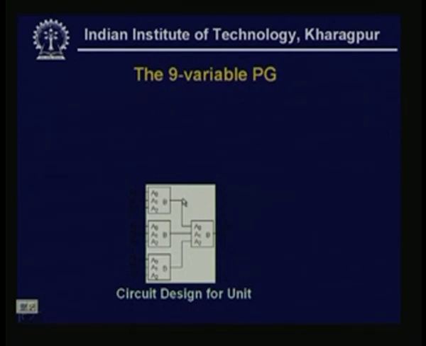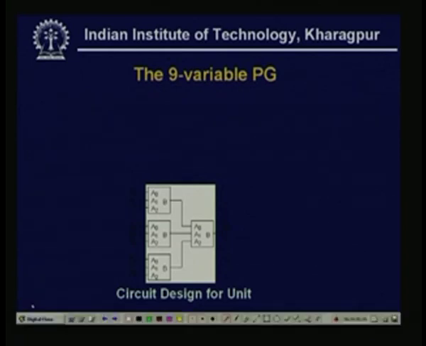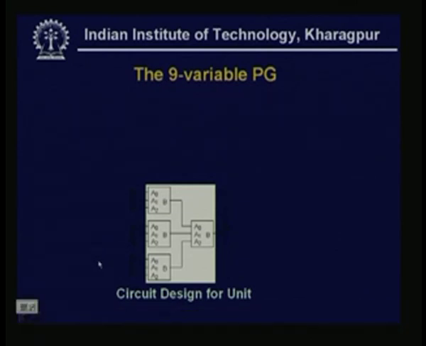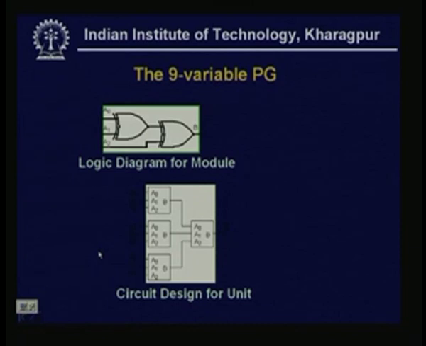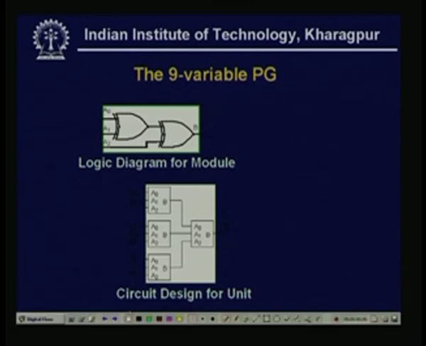Now, we have taken these 9 variables as if this is a 3 variable XOR function. So, if we redesign that, see here, this is a logic diagram for the 3 variable odd parity.